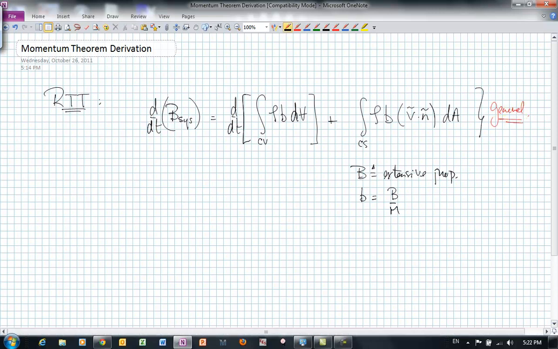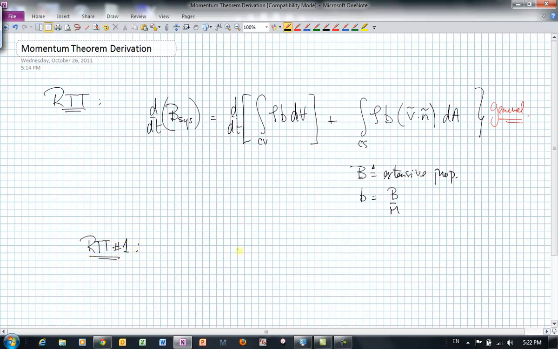I'm going to start by doing the derivation in the forms that we have been using mostly with conservation of mass, which is RTT number 1 and then number 2.